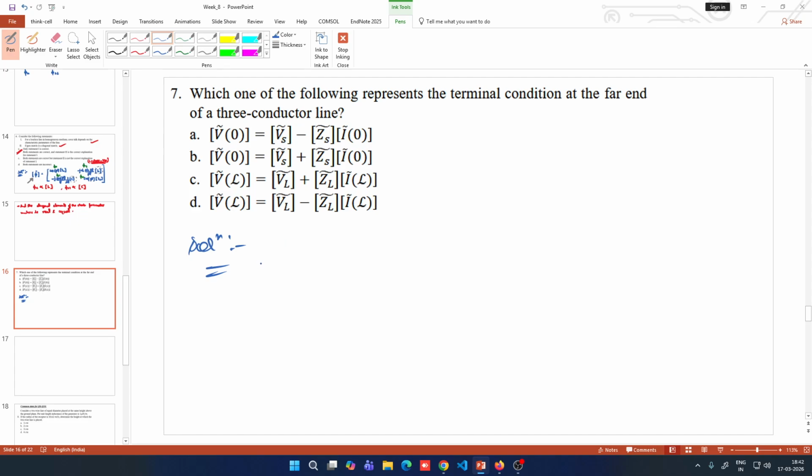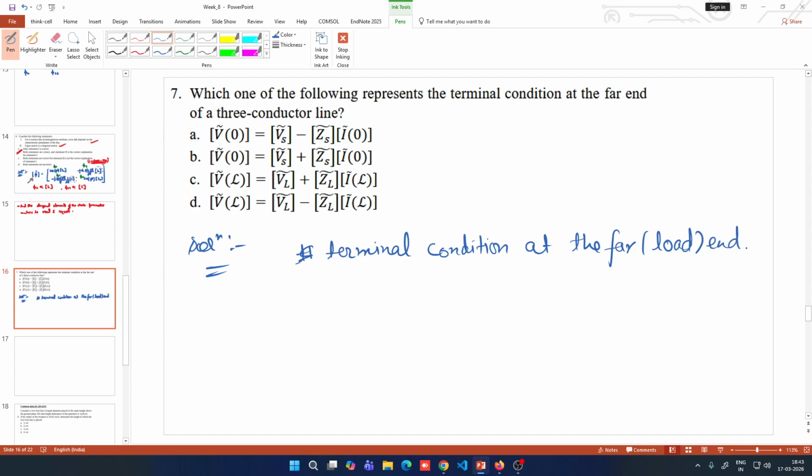So for a lossless transmission line, sorry, it's a 3-conductor line. So we have to find the terminal condition at the far end, meaning the load end. We have to find the terminal condition at the far, meaning the load end, of a three-wire, three-conductor transmission line.